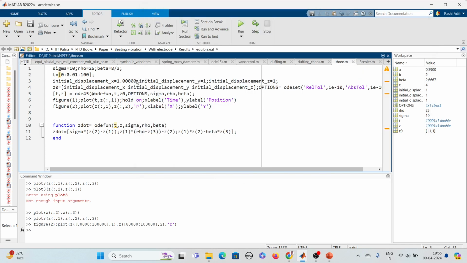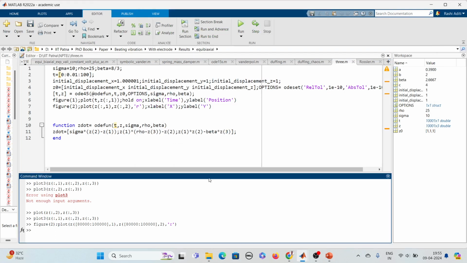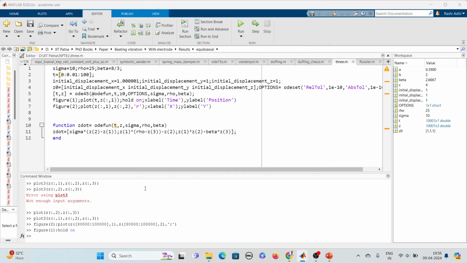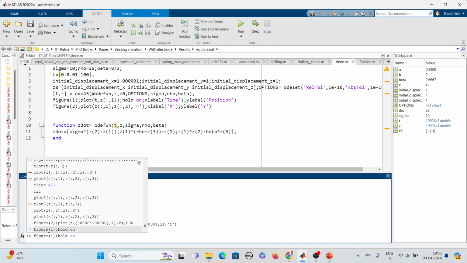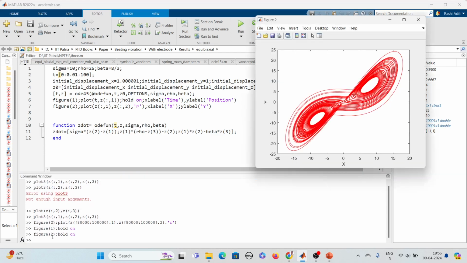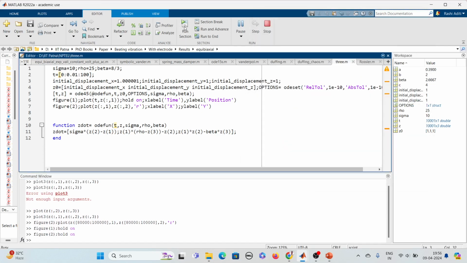Anyway, we cannot say it like that. We'll change the initial condition and again, we'll just write hold on first. Now I'll again do the simulation.